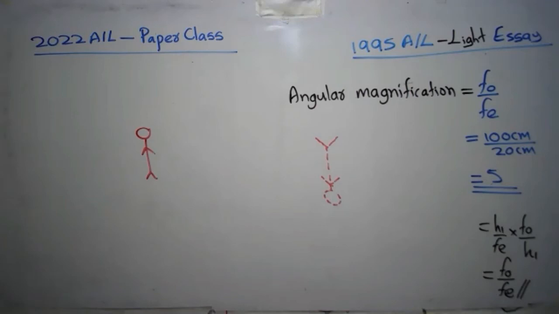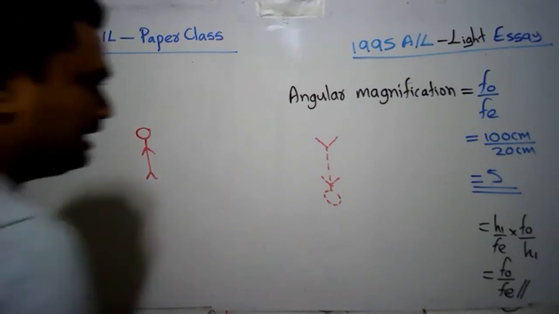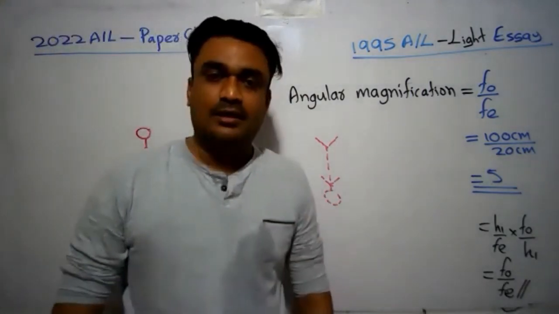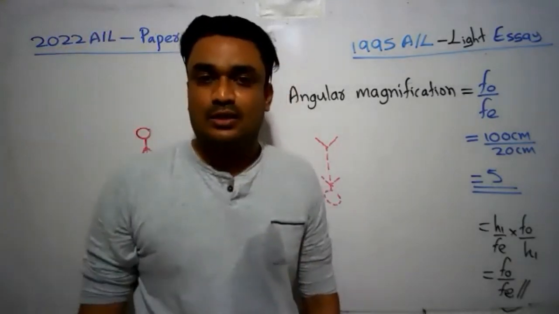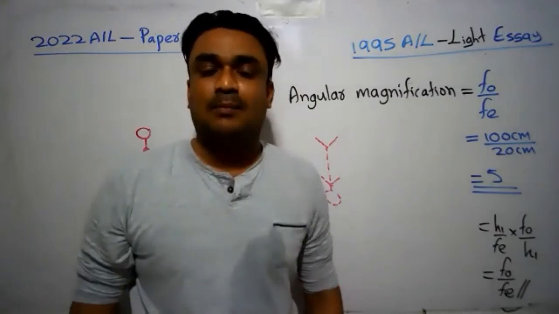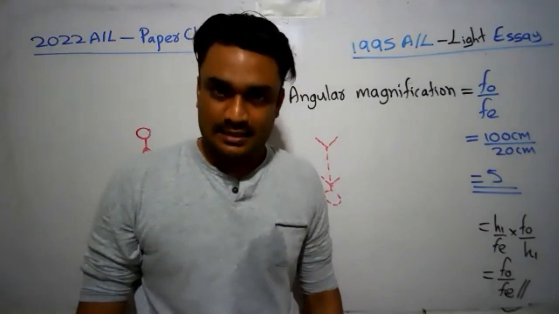Why is it convenient to use the arrangement mentioned in Roman number 2 over the one given in Roman number 1? It means why use a third lens, why is it easy to use the telescope with the third lens kept in between the two lenses.